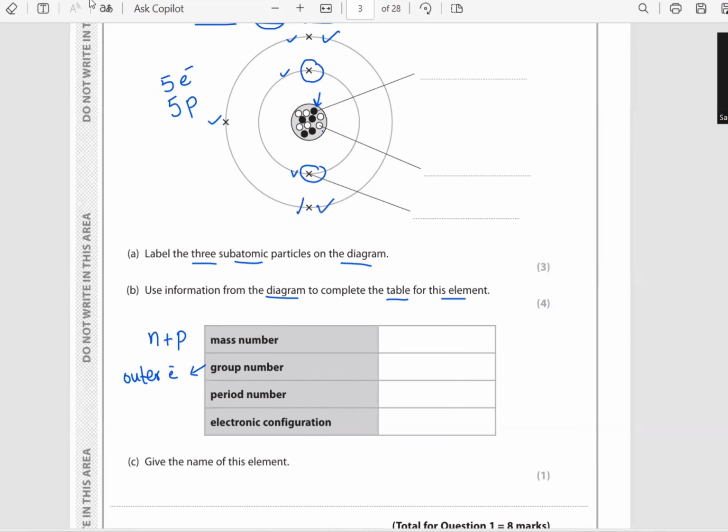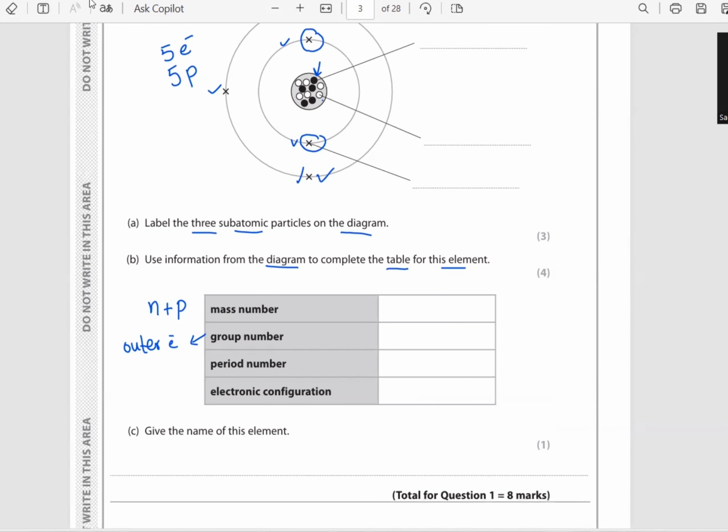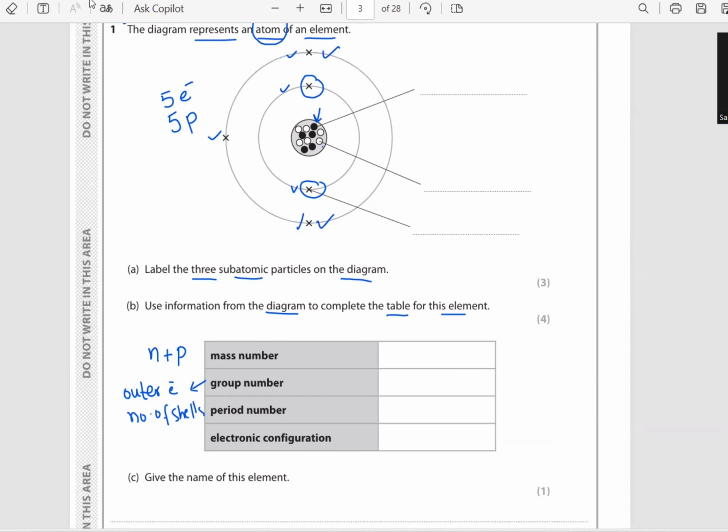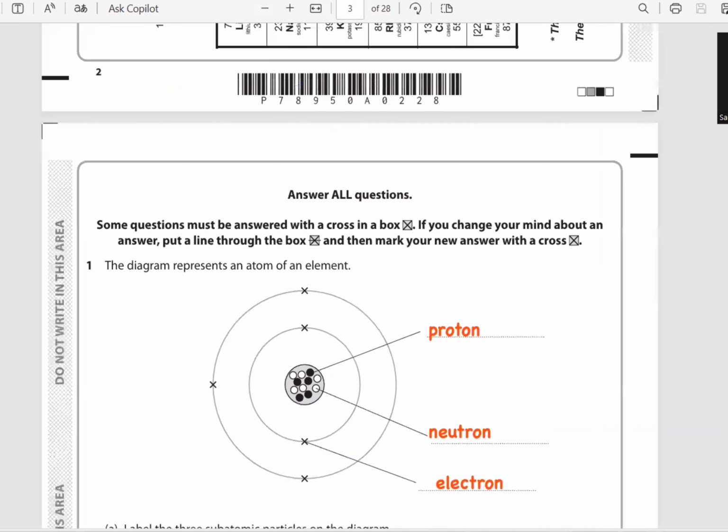So group number must be 2. Period number, count the number of shells. And electronic configuration. You can see it has 5 total electrons. First shell will hold 2 electrons and second will hold 3 electrons.